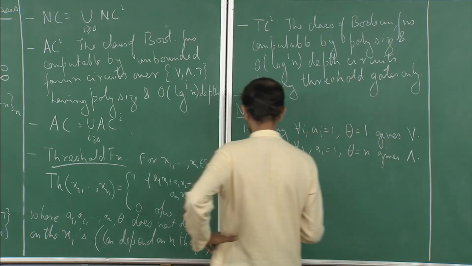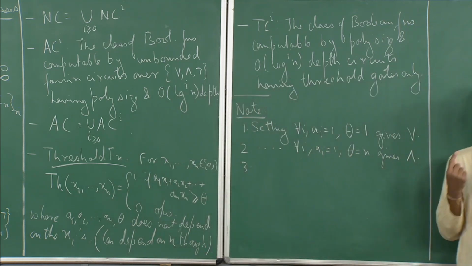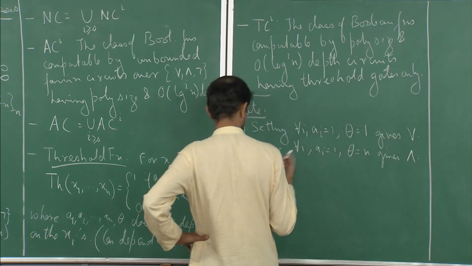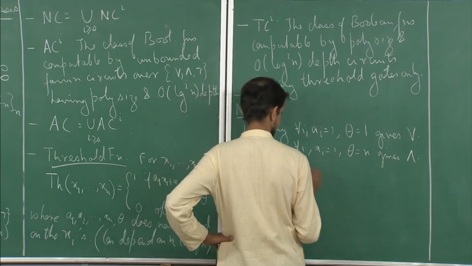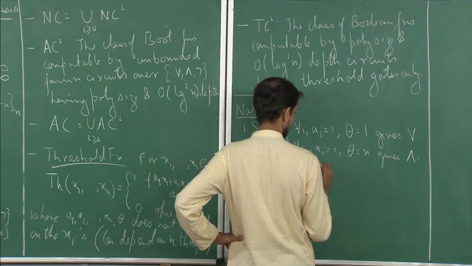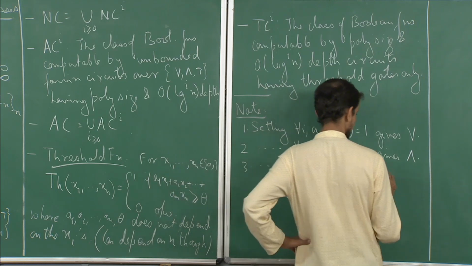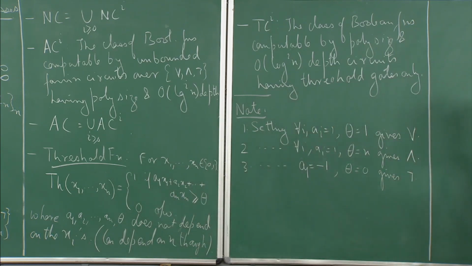What about NOT? A NOT gate will always have a single input. So what do you set a1 to be and theta to be? There are many ways to do it, but one way is setting a1 to be -1 and theta to be 0, which will give you a NOT gate.